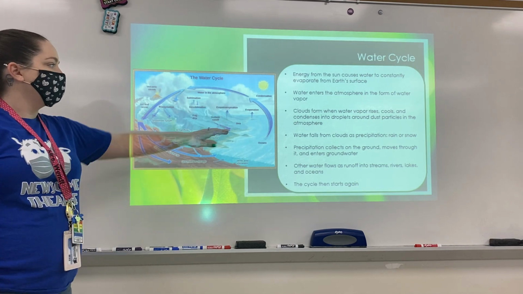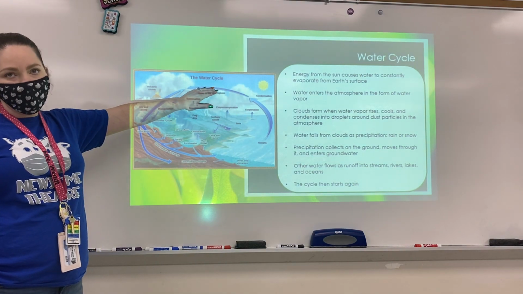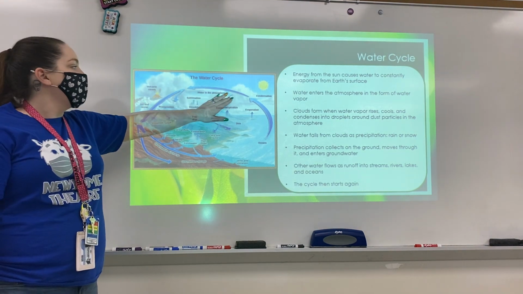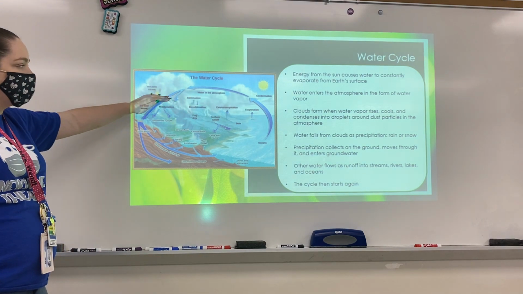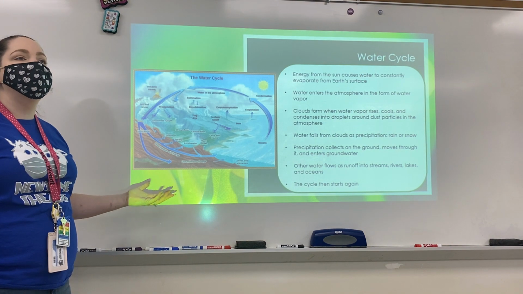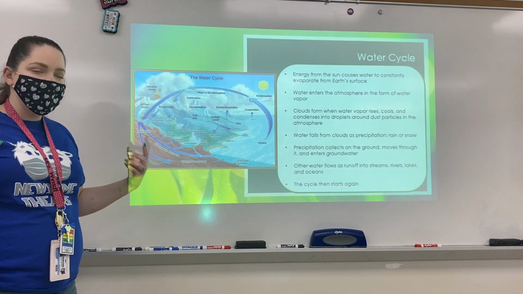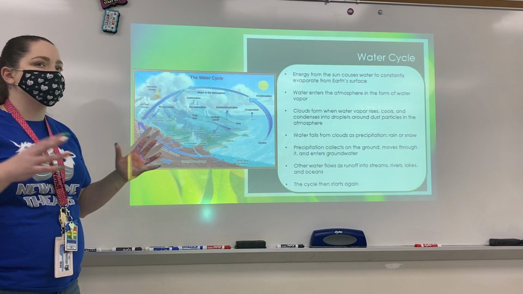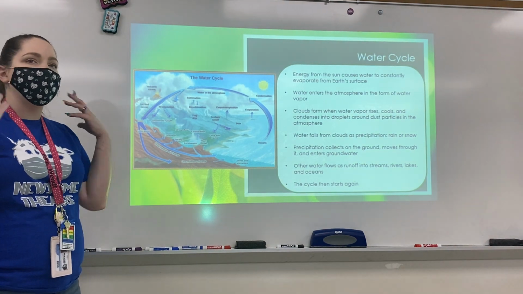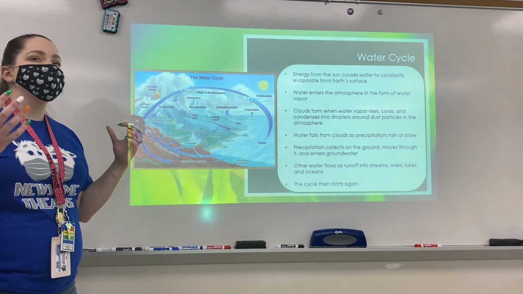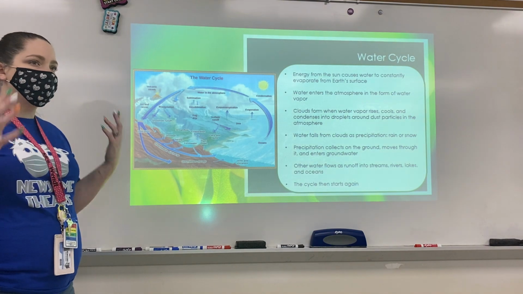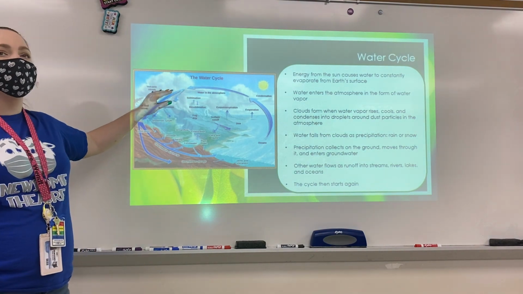The evaporation of water is going to collect in the atmosphere, and those water molecules are going to travel across the atmosphere, and as they travel, they're going to get other water molecules, and they're also going to get dust particles, gas particles, anything that goes into the atmosphere. Those water molecules are going to surround and collect and get into a giant group. Those giant groups form clouds.